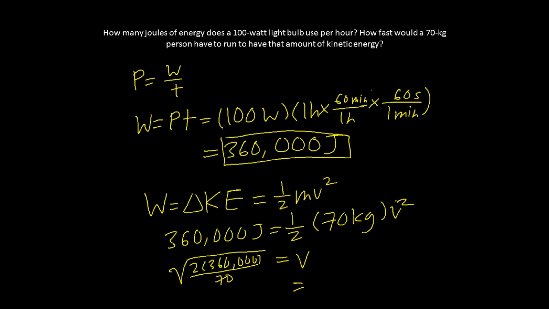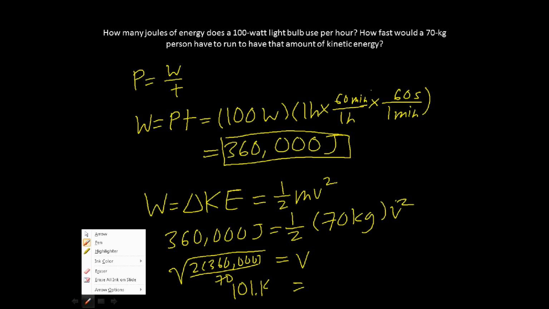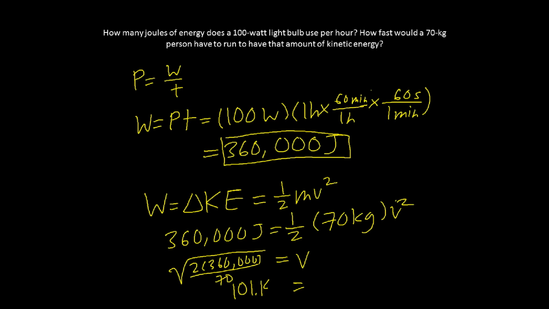Now you compute the final answer using a calculator. 2 times 360,000 divided by 70 equals, oops, sorry, this is around 101.42 meters per second.